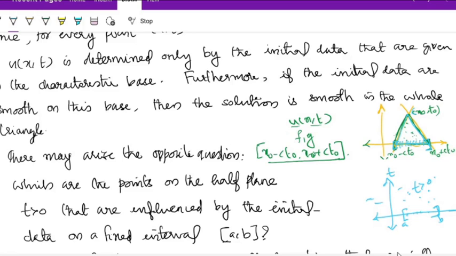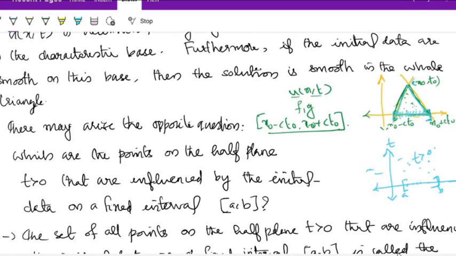So now we need to determine, for a fixed closed interval AB, which are the points on the half plane t greater than 0 that are influenced by the initial data on that fixed interval.